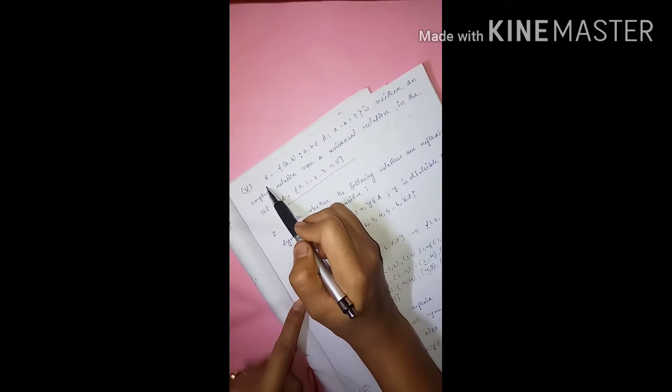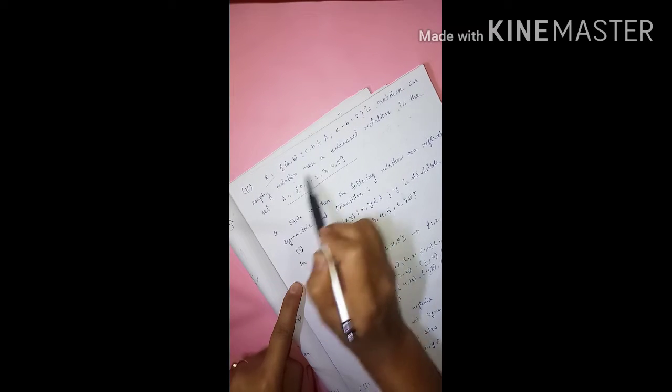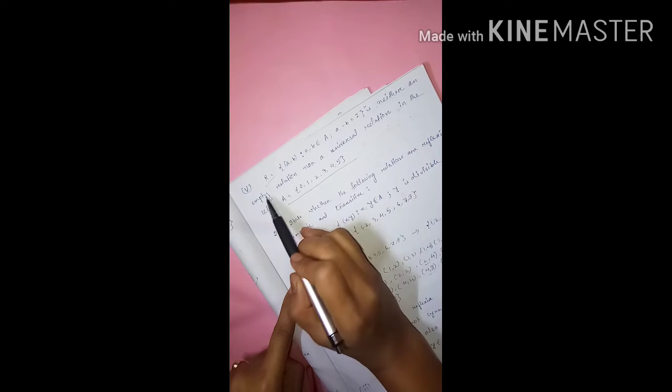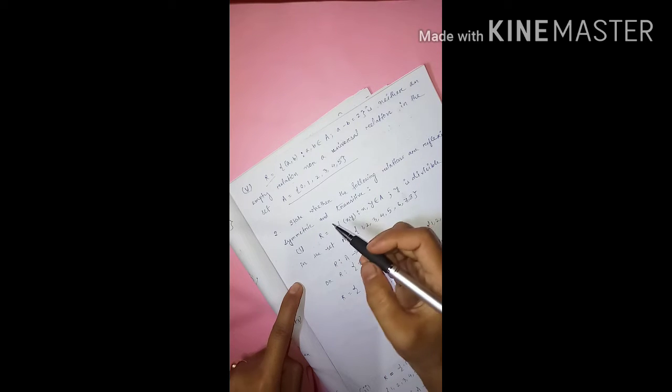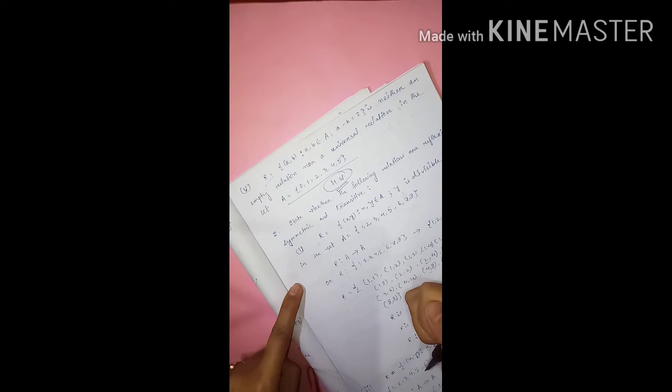You have to verify whether R is an empty relation or universal, because we have to check whether this statement is true or false. So this is homework for you, and answer me in the comment section so that I can come to know whether you are learning from this video or not.